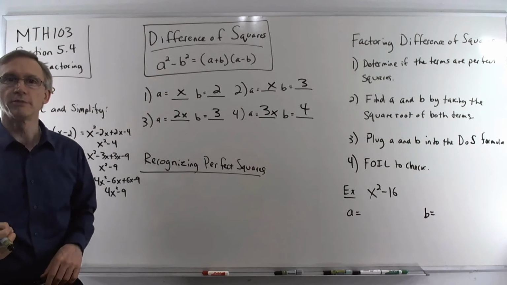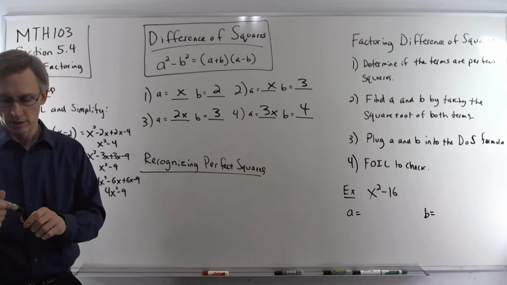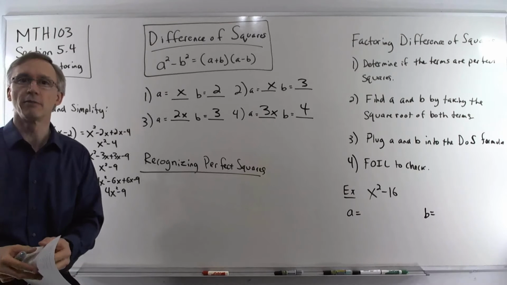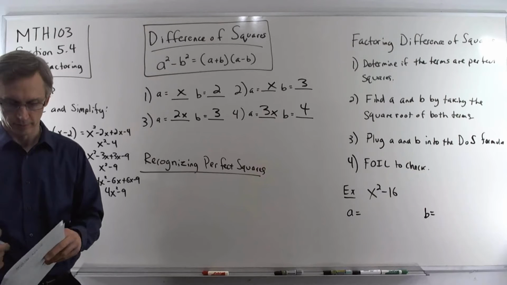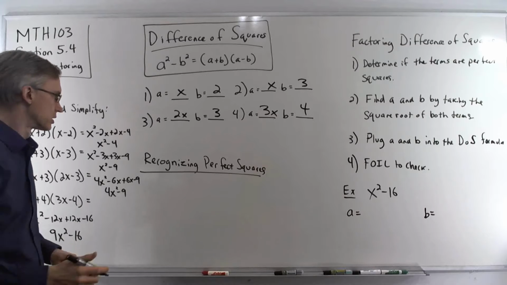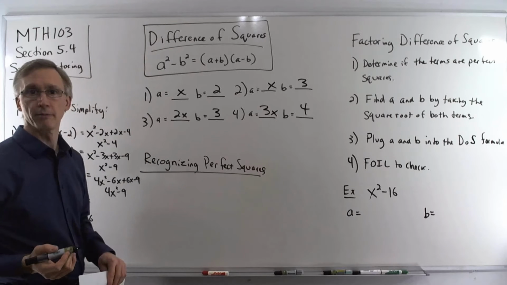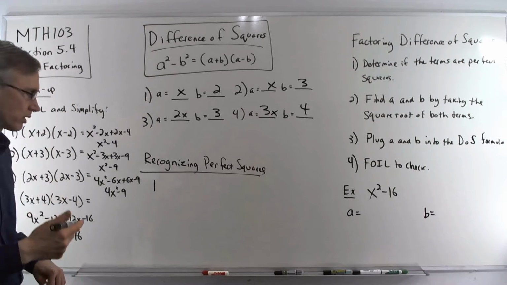Now, one thing we're going to need to be able to do is to recognize when a number is a perfect square. So on the top of page 2, take a look at that list of numbers and circle all of the perfect squares. Out of this list, the perfect squares are, and this is one that a lot of people miss, 1. 1 is actually a perfect square because 1 times 1 is 1.